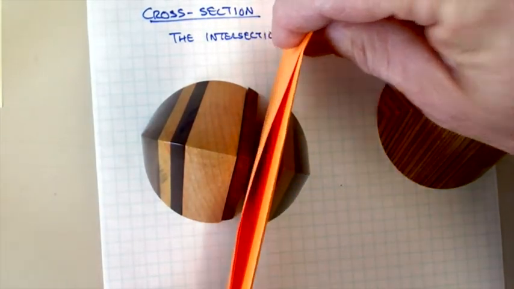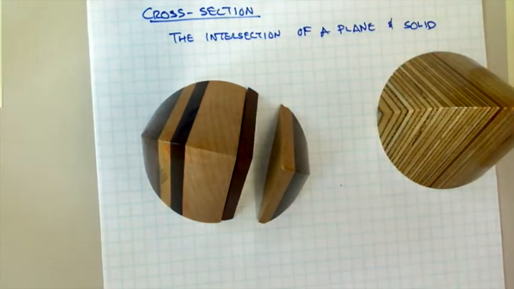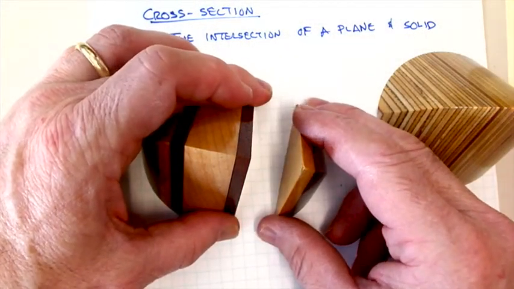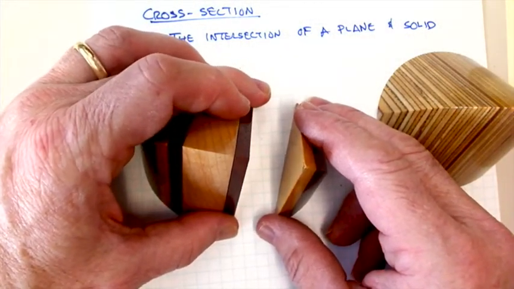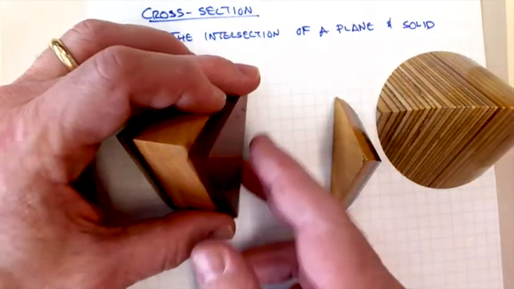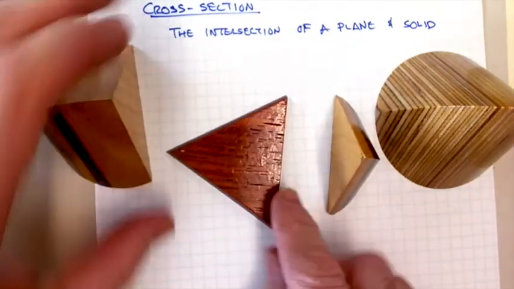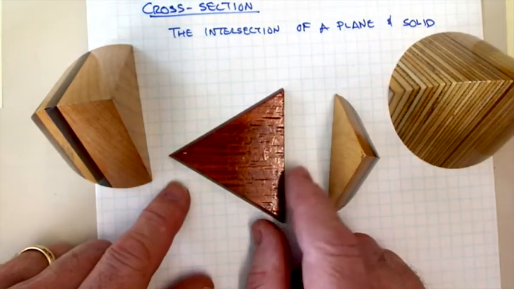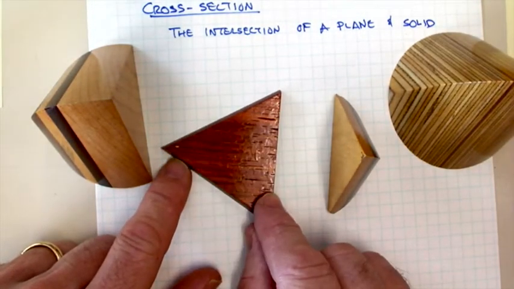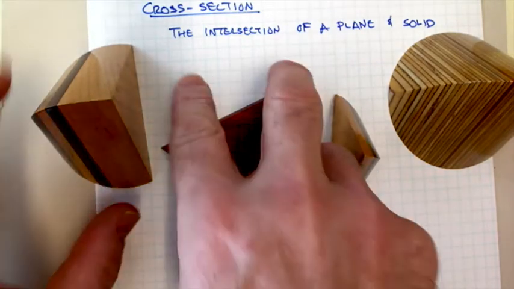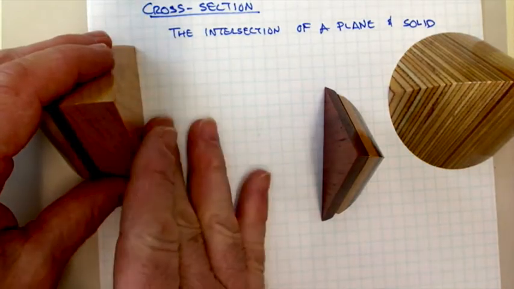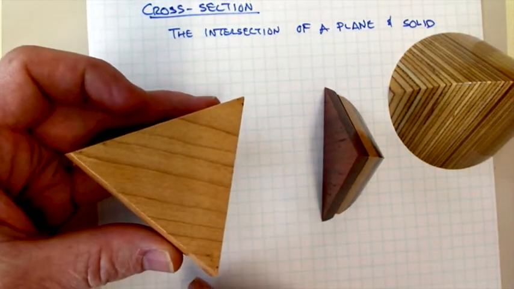Once I do this, I have created an intersection with this piece of paper and the shape. Now I've cut it and peeled it away to help you see that the intersection is this flat surface there, and believe it or not, out of this odd shape, the cross section is a triangle.